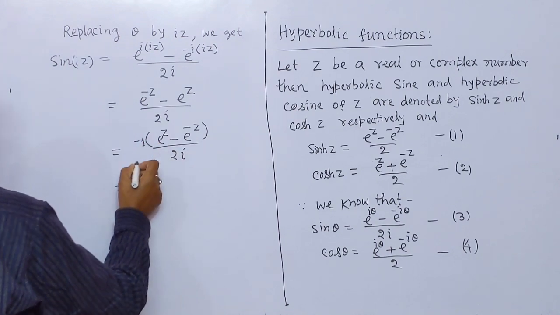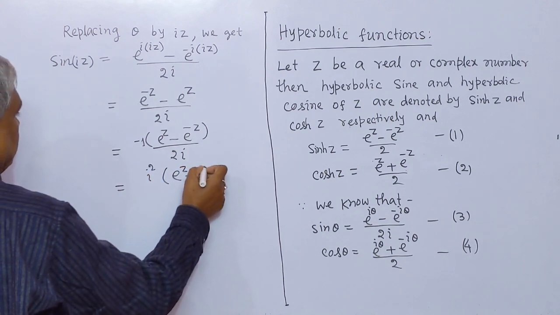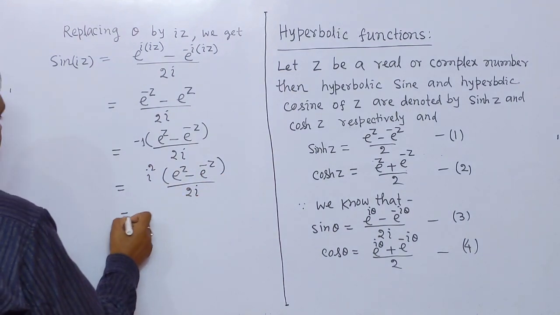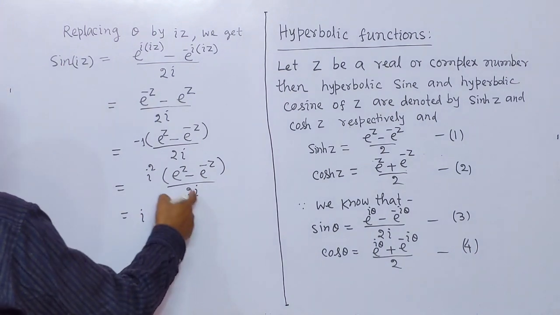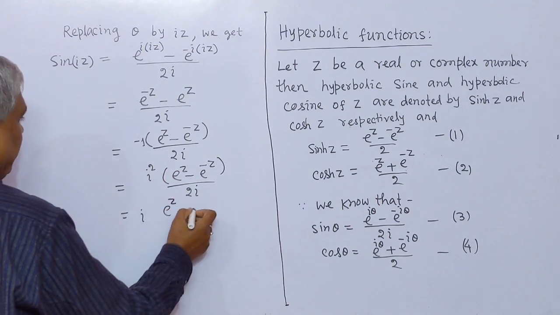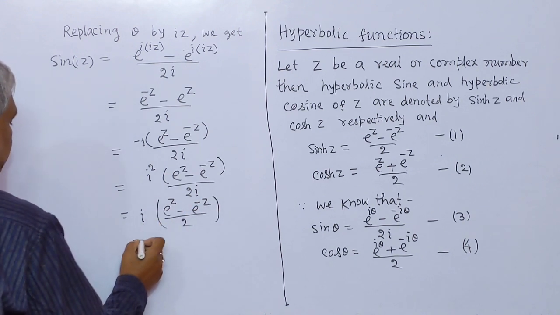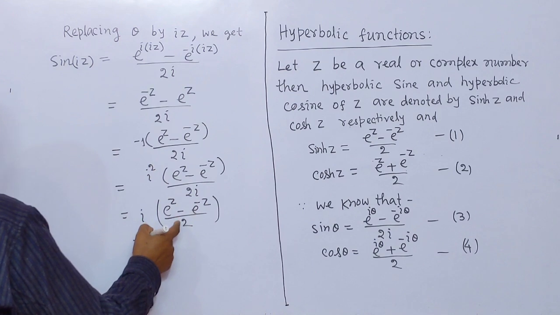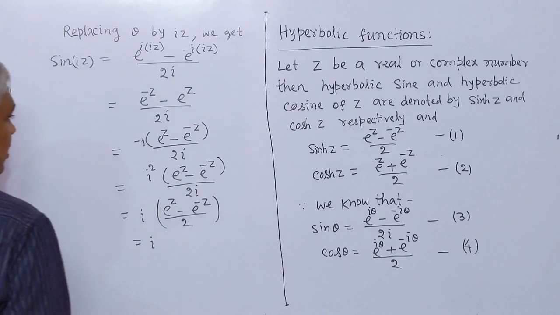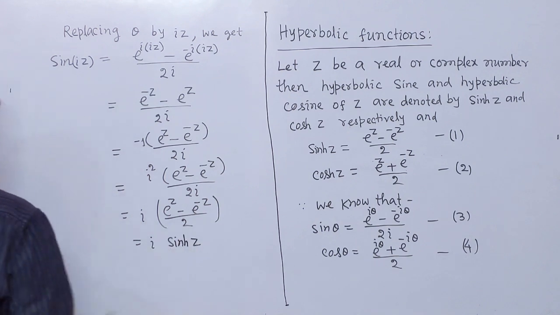Minus 1 means i square, e to the power z minus e to the power minus z by 2i, and this is equal to i; 1 i cancels, remains i times e to the power z minus e to the power minus z by 2, and this is equal to i, and from 1 this is hyperbolic sine of z, sinh z.